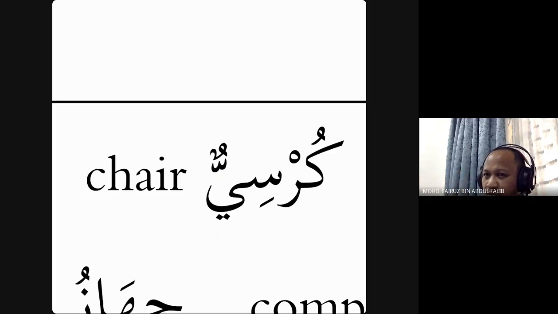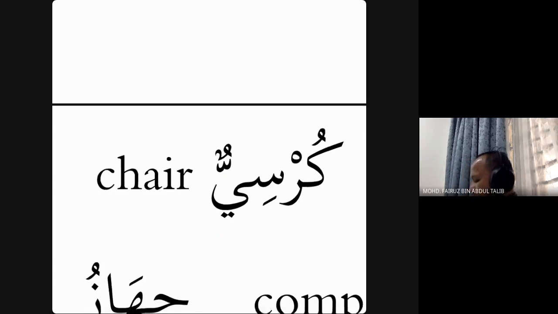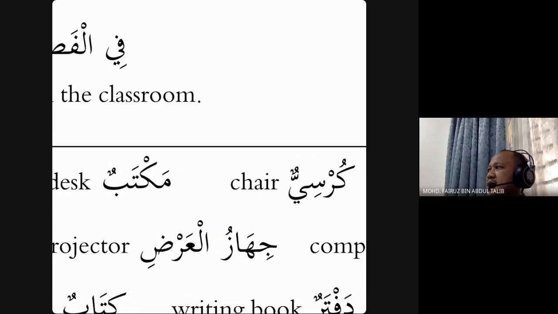If we have time today, we will explore how to use the words in the plural form. Let us finish the vocabulary first. Kursi, chair. So you say, Maza yujad fil fasli? Fil fasli kursi. Or you can also repeat the word yujad: Yujad fil fasli kursi. That is how you respond to the question.